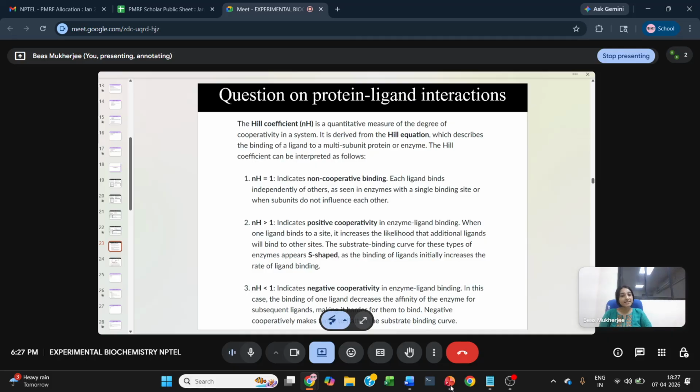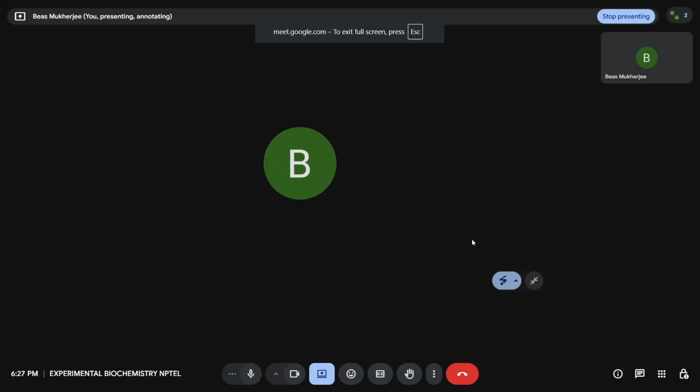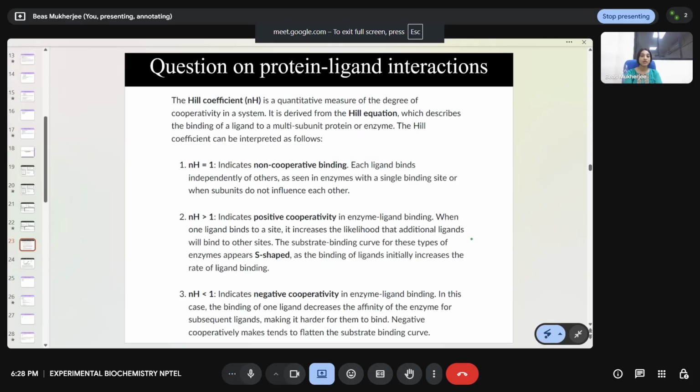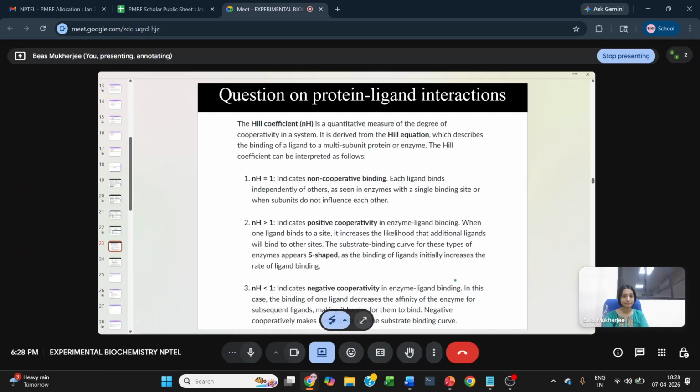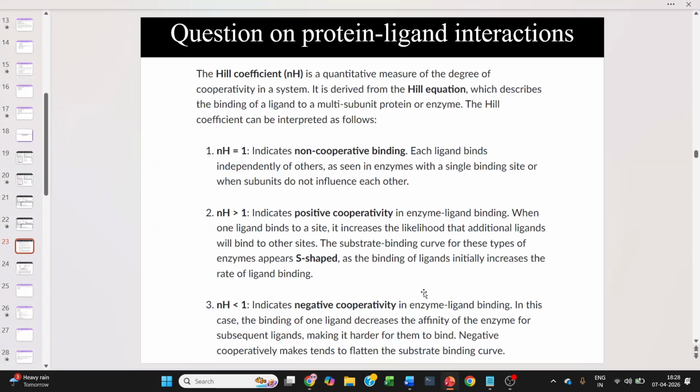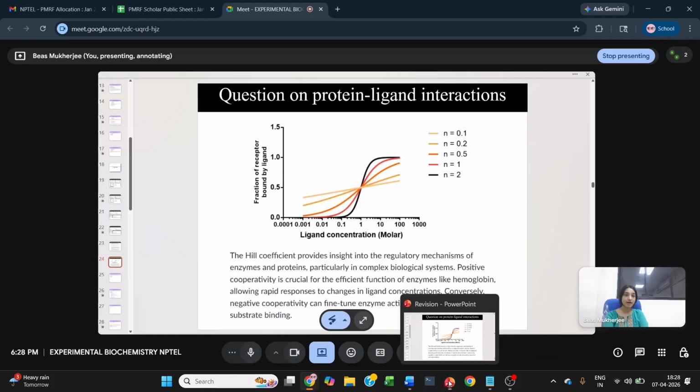Now, NH less than 1 means there is negative cooperativity. So in an enzyme ligand system, in this case, binding of one ligand decreases the affinity of the enzyme for subsequent ligands, making it harder for them to bind. So negative cooperativity tends to flatten the substrate binding curve. Okay. Now this is the graph.